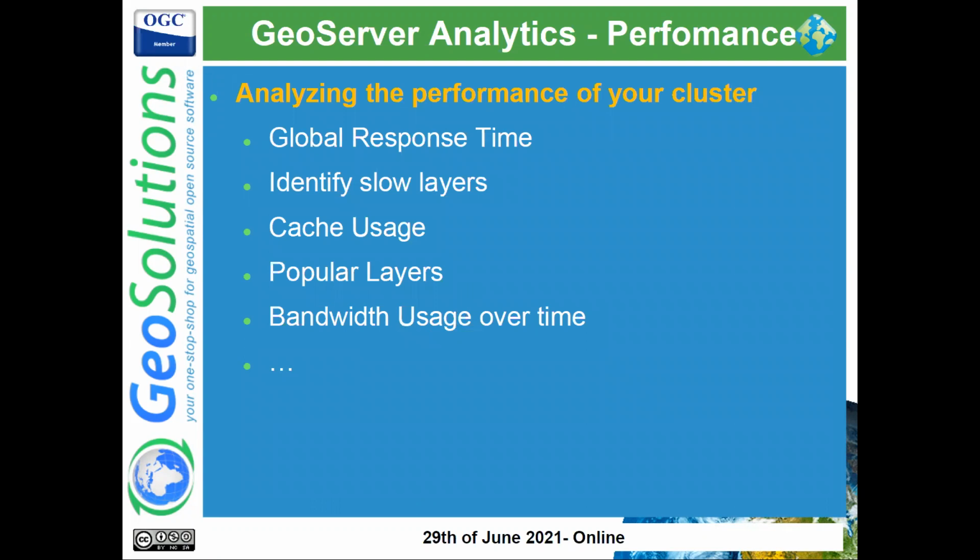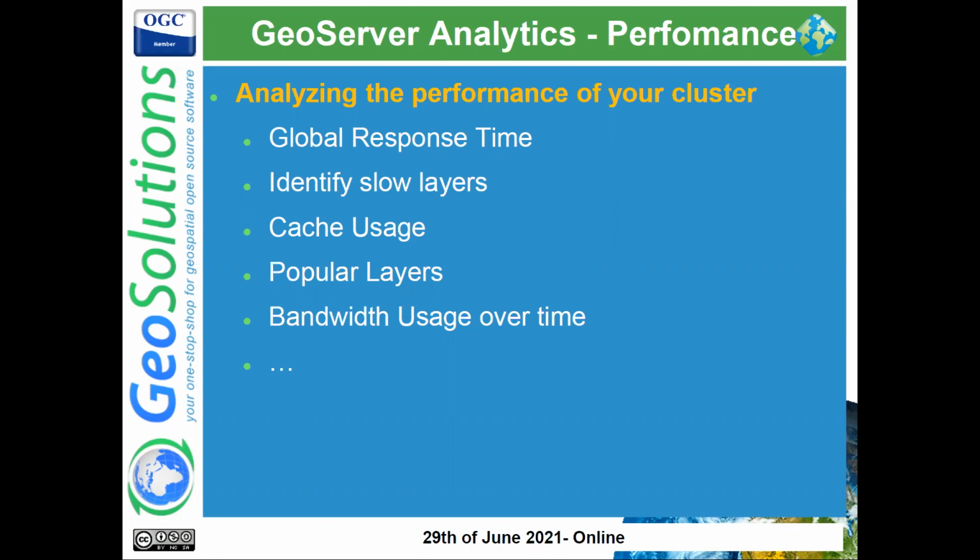Another thing that you can do with the GeoServer dashboard is analyze the performance of your cluster in terms of response time, find slow layers, and try to understand the cache usage in your cluster.